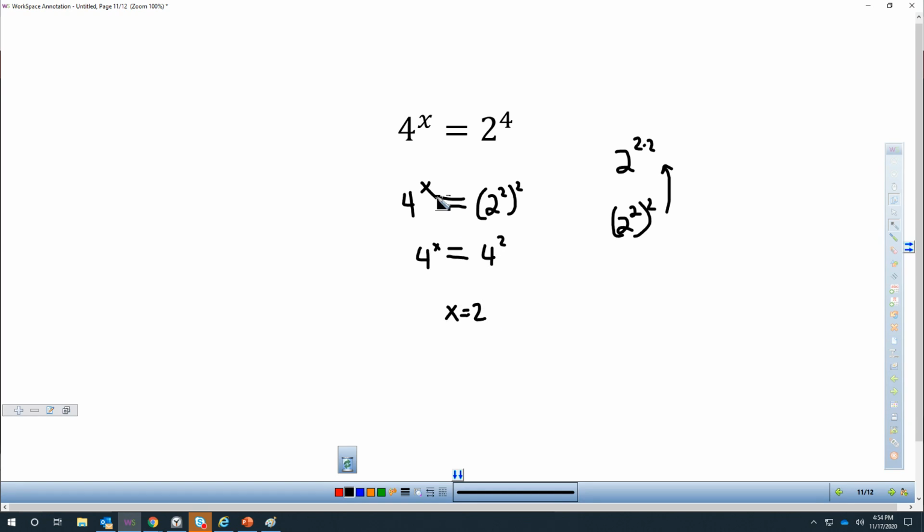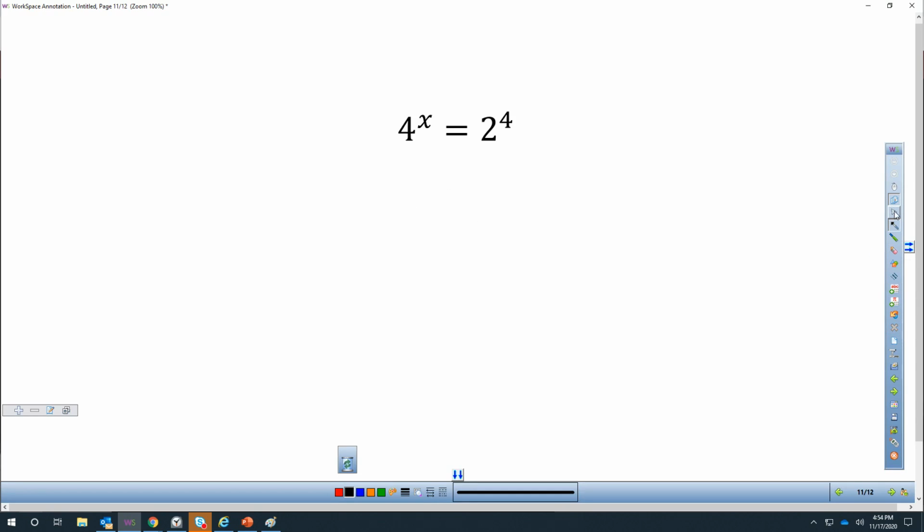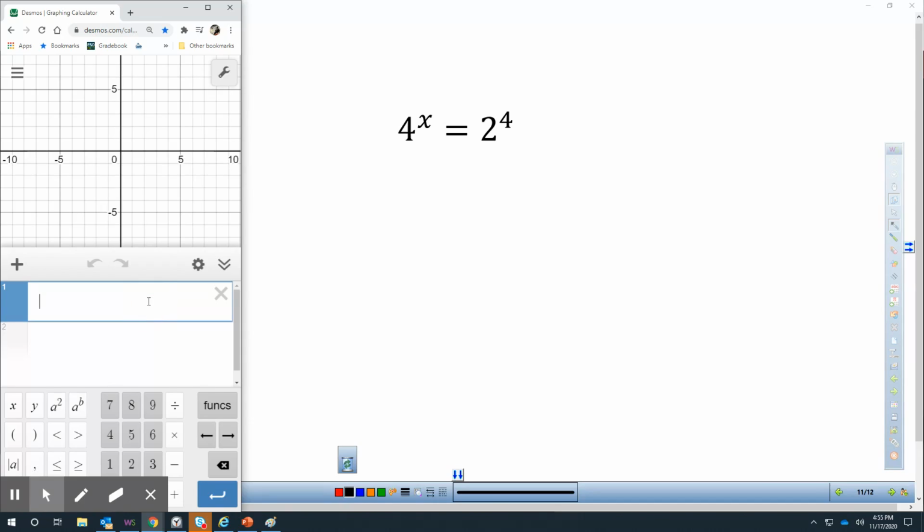Now, you don't even have to do 4 or 2. Those are two bases that I already have here. I could do something completely unrelated, like base 10. So I want to turn these both into base 10s. First I've got to figure out what power of 10 I need to make 4. So, 10 to what power equals 4?